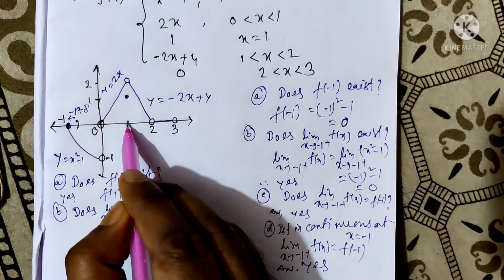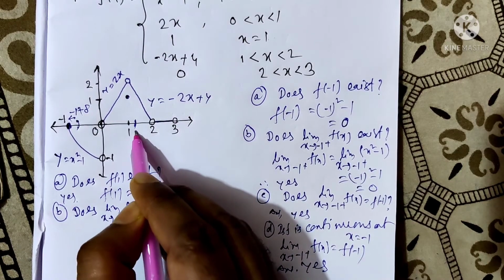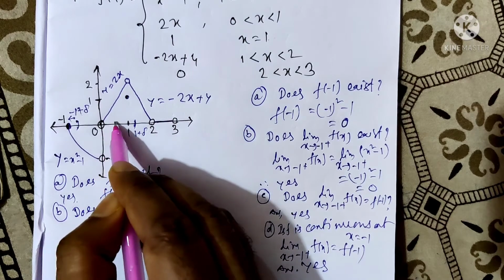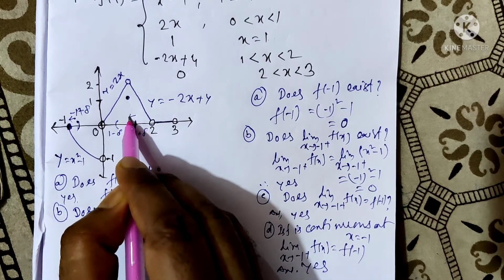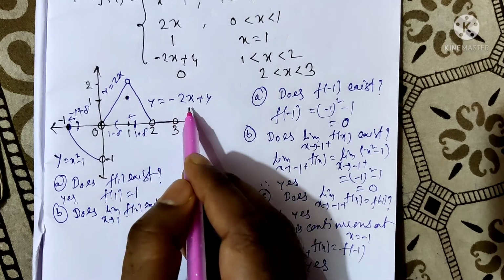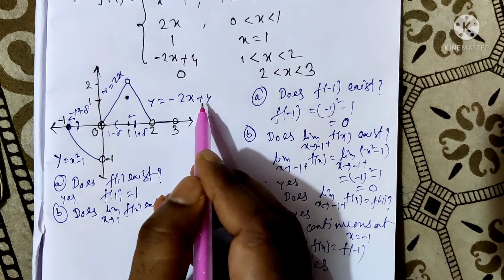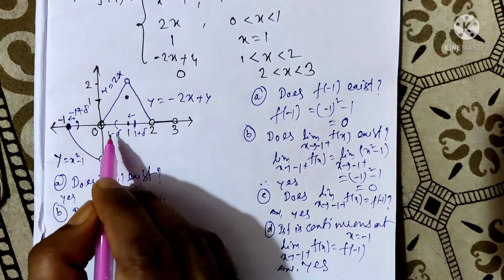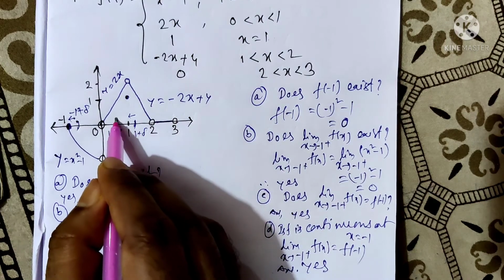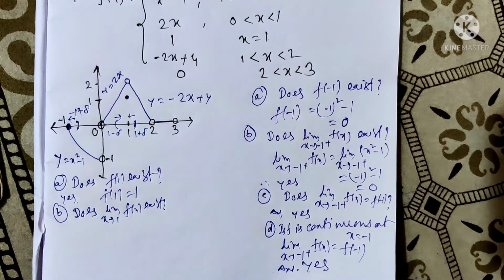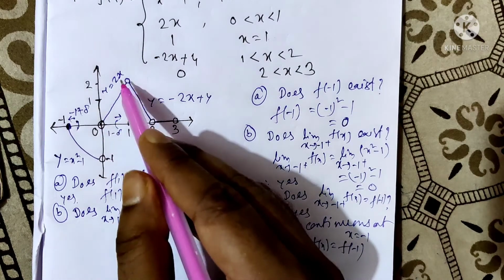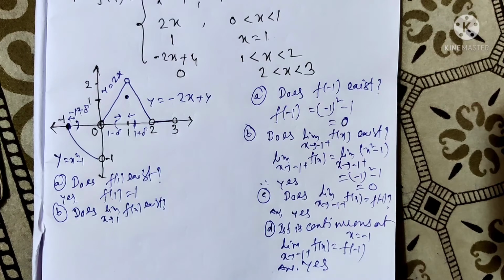In this figure, from 1 minus delta to 1 the function is y equals 2x, and from 1 to 1 plus delta it is y equals minus 2x plus 4.